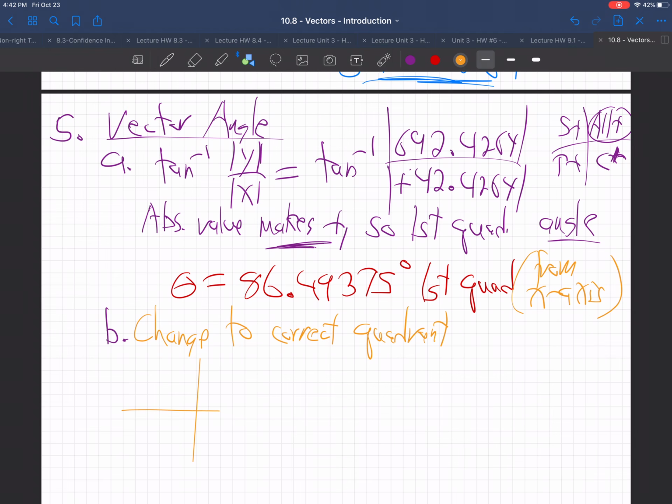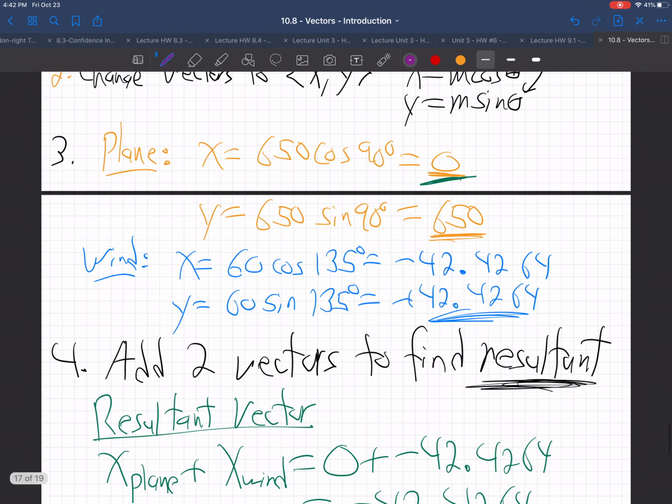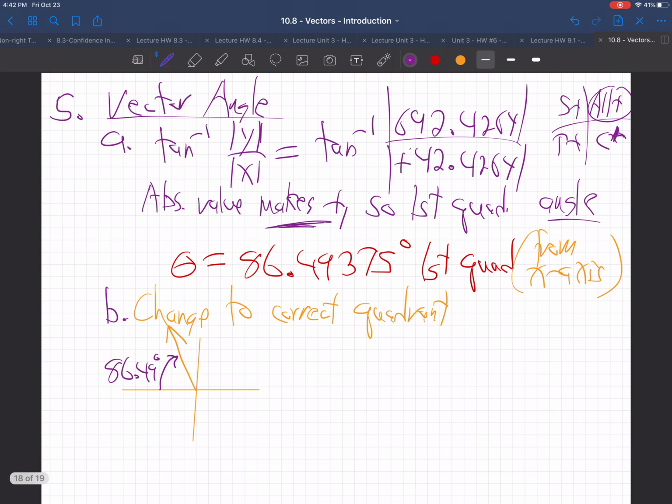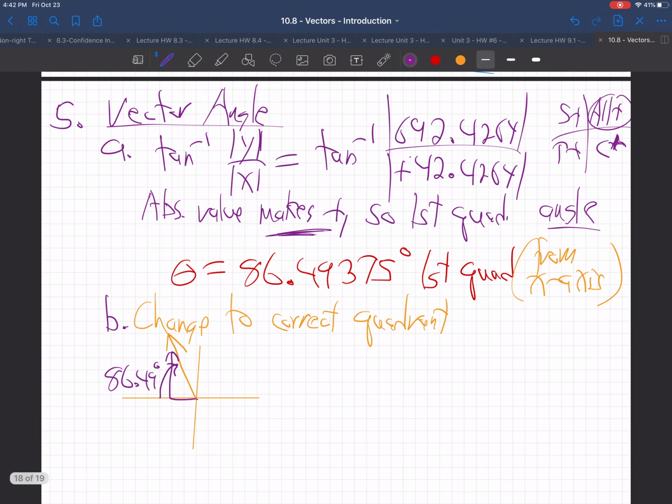So if we go into the second quadrant, our vector's here. This is the angle from the x-axis, 86.49 degrees from the x-axis in the second quadrant. We know it's second quadrant, right? Because in reality, the vector is back and up. It's x negative, which we changed to positive, and y up.